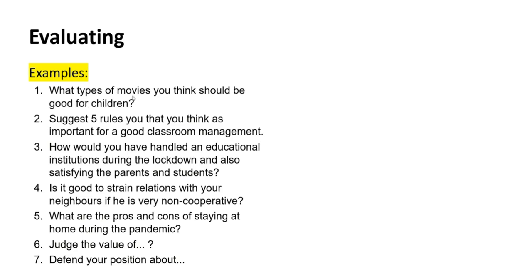For example, in the first question, the student will decide about what type of movies are good for children, and therefore they would look at the value of the information, what kind of content is not good for a student, and therefore they make a decision about a particular content. They evaluate the worth of that particular content and suggest the solution. And similarly, other questions are also there.